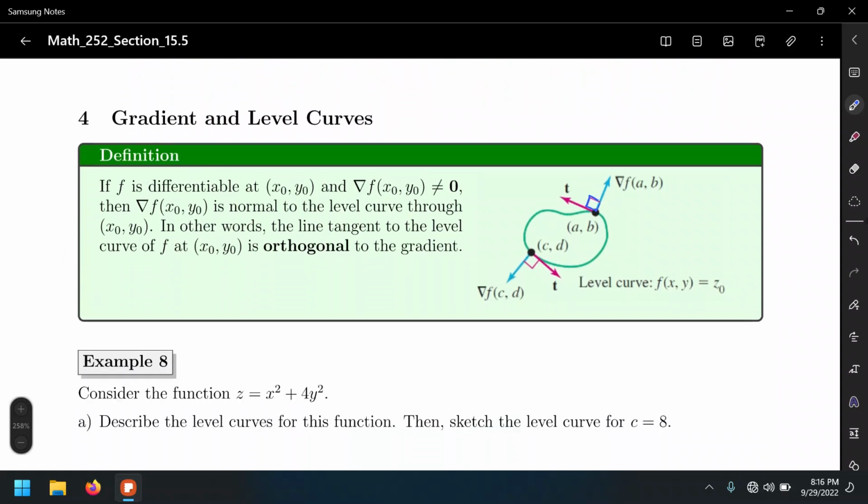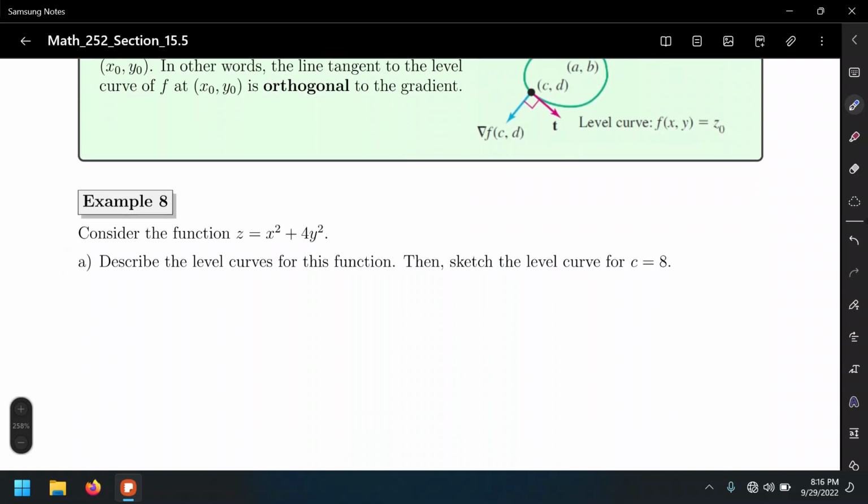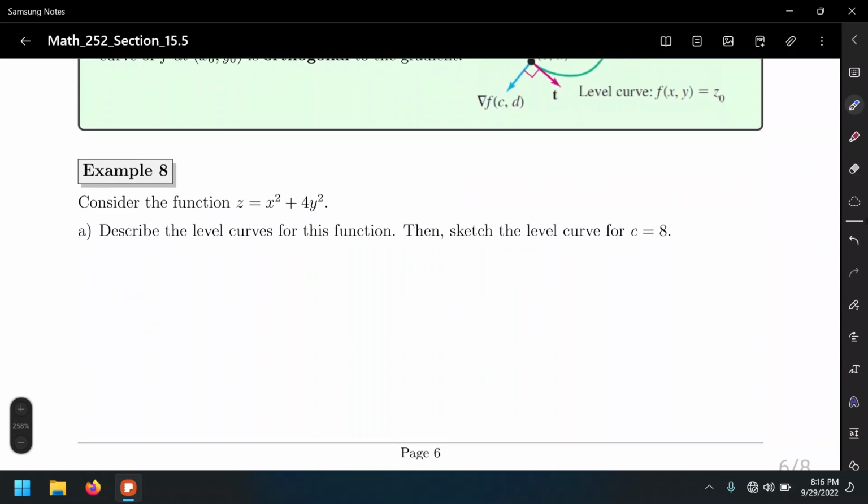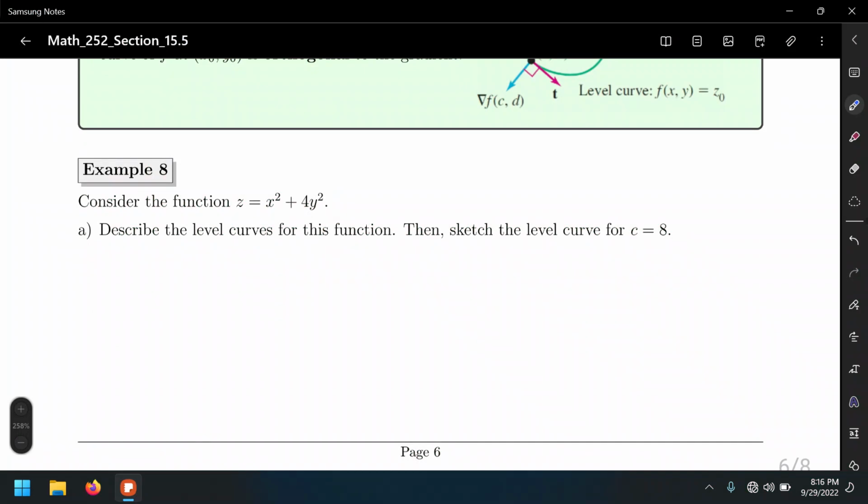Well, so number one, let's go back to review a little bit of level curves, and then we're going to put this together with the gradient. So we have this function z equals x squared plus 4y squared. Again, if we set the value z for different values of k to find different level curves, well, they're asking us to describe the level curve when z equals 8.